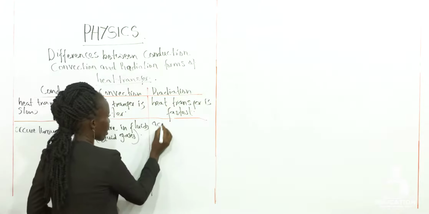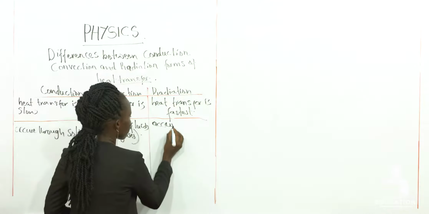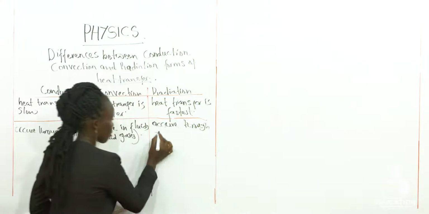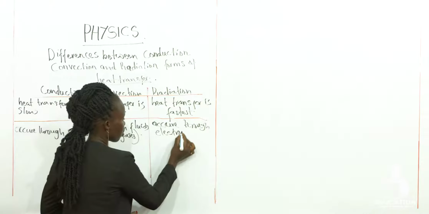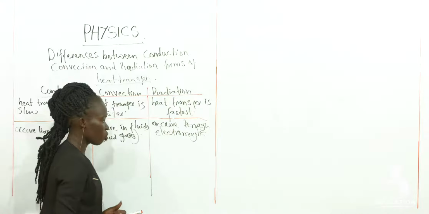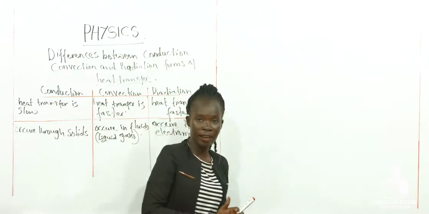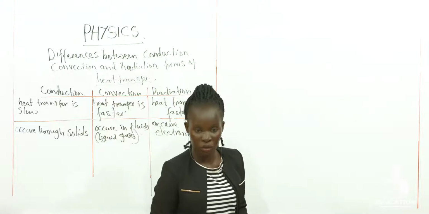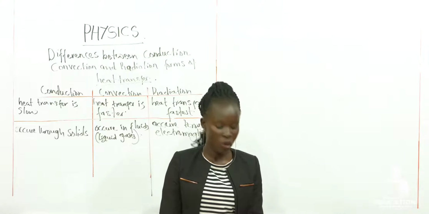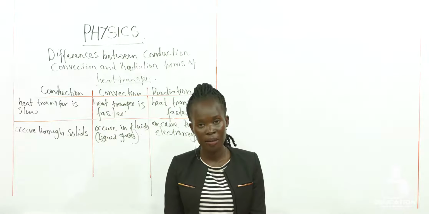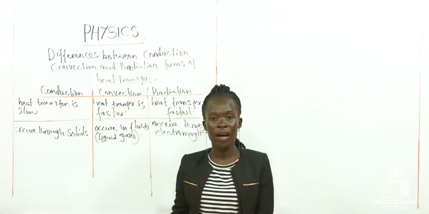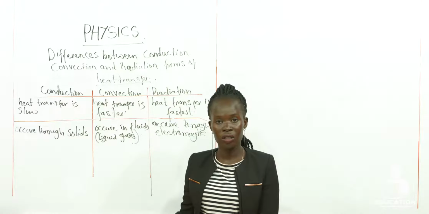And these ones occur through electromagnetic waves. When you want to find the differences between two or three measurements or any other thing, first look at their definitions, because the definition alone might give you more than two differences between the elements. So you see that what we've just extracted there is from defining these forms.